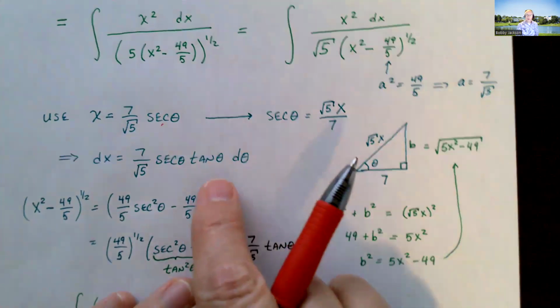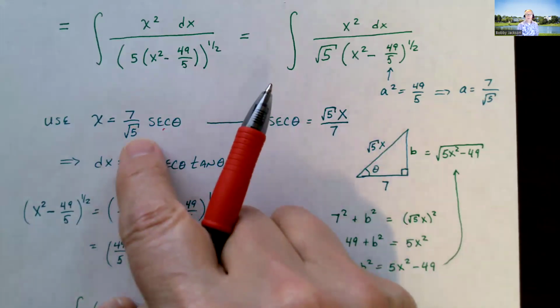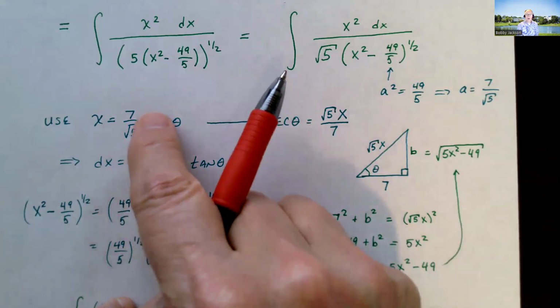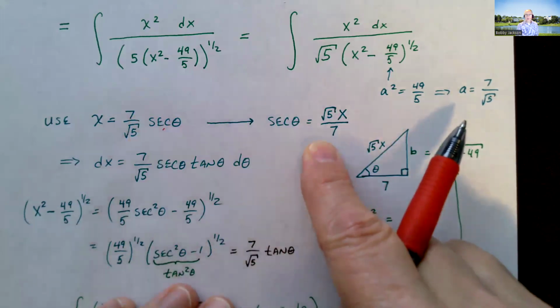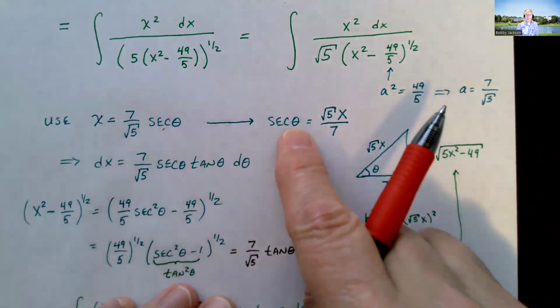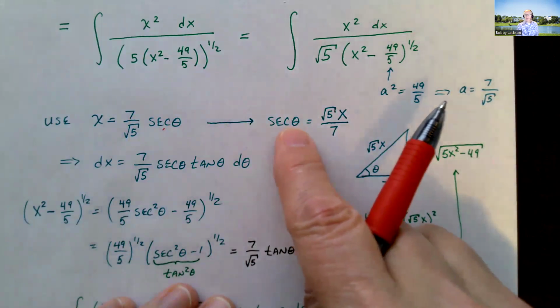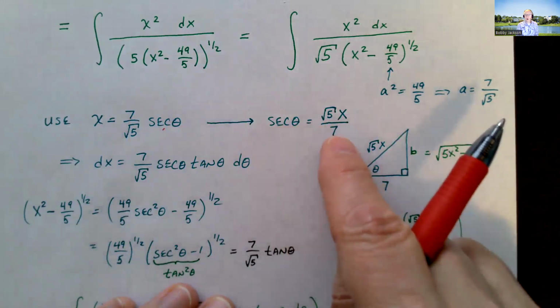Before we go on and do that substitution, just note, since x is 7 over root 5 times secant theta, I can multiply by the reciprocal, square root of 5 over 7, on both sides to get this relationship. And remember, secant is the reciprocal of cosine, and cosine is adjacent over hypotenuse, so secant is hypotenuse over adjacent.